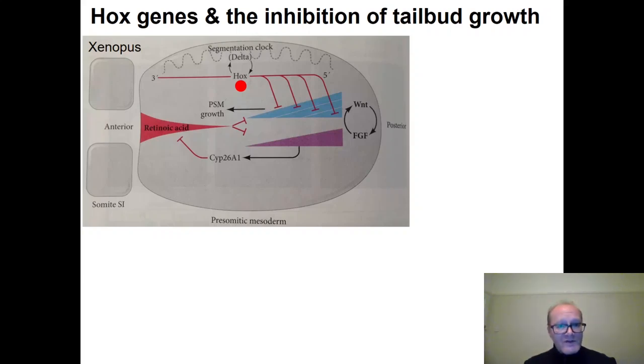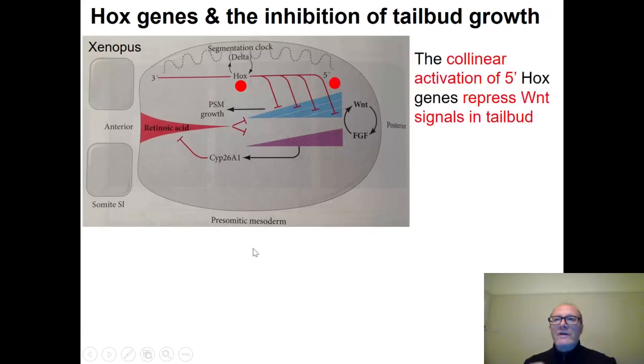Indeed, the HOX genes are important for the stop or inhibition of tail bud growth. These are examples that I've been studying a lot in Xenopus. If you remember, just a few slides ago, we talked about the collinear activation of the HOX genes.